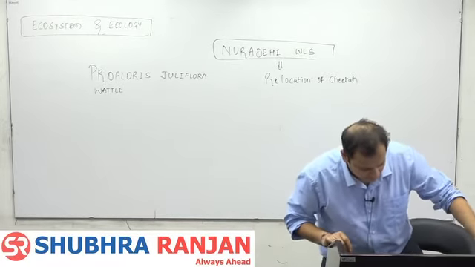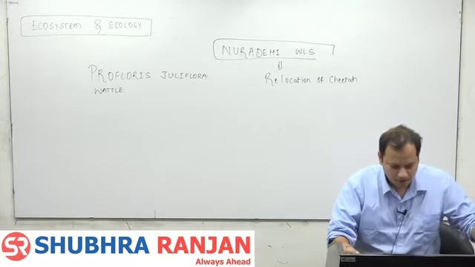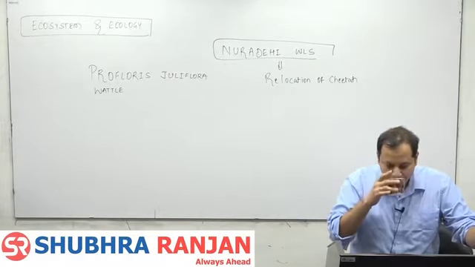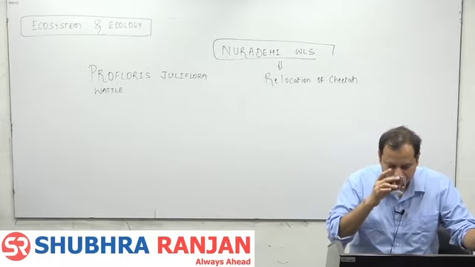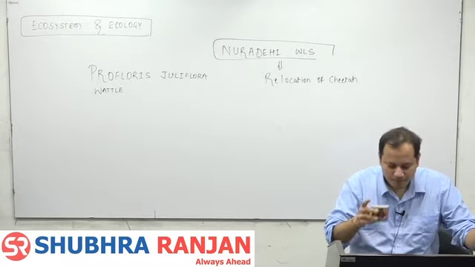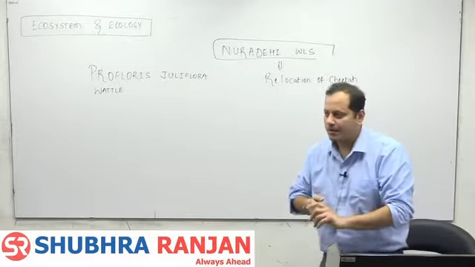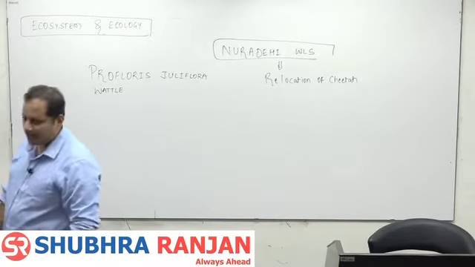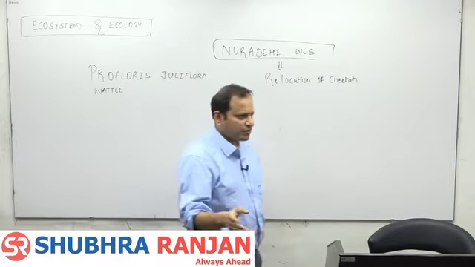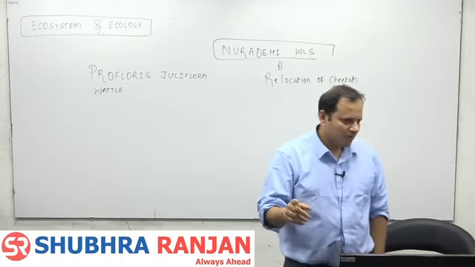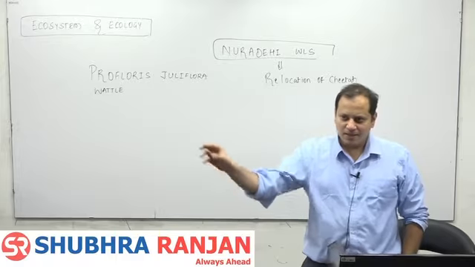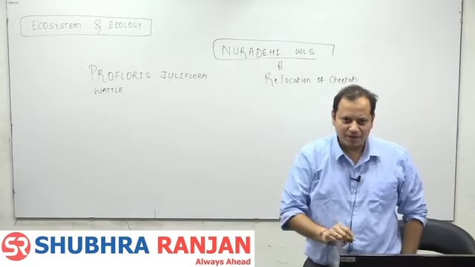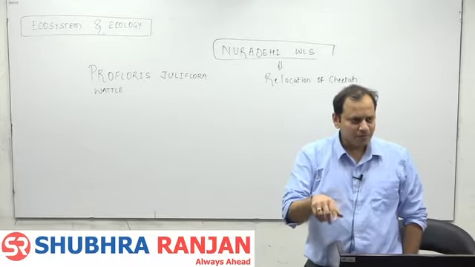Question number 77. Lichens, I guess I have not told you in the class. Have I told you about lichens? First of all, today keep a roti outside, and fungus will come on it. After 2 days, the fungus will become green in color.